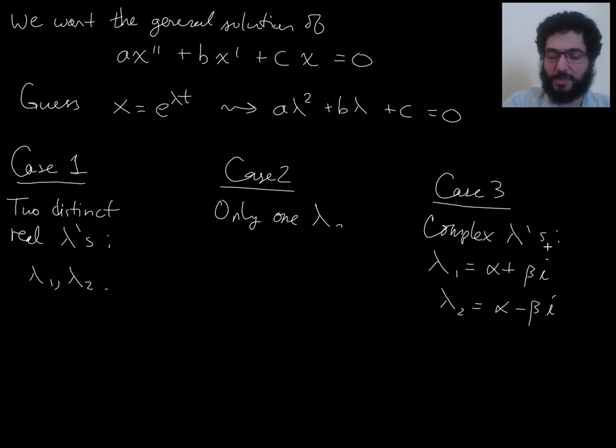It's just they might be complex. So the no real roots case is actually the complex roots case. And when there are complex roots, they always arise as a complex conjugate pair. So you'll have lambda 1 and lambda 2, where lambda 1 is the complex conjugate of lambda 2. The relationship between them is that they have their imaginary part flipped in sign.